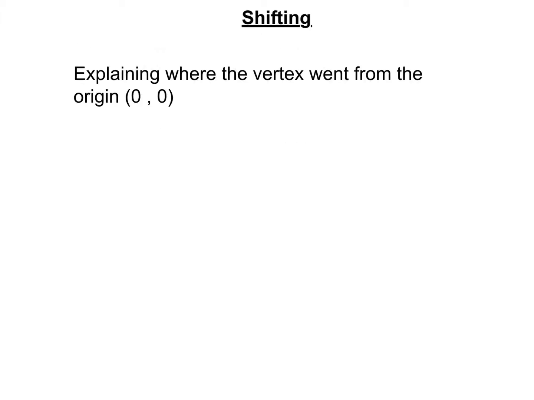So a shift basically tells us where the vertex went from the origin coordinate 0, 0. So that means, folks, that normal absolute value graphs start at 0, 0, and just like in football, when you have your X's and your O's, let me put in an offensive setup for those of us who know the game of football, and those of you who do not, that's okay, you're going to see what I'm talking about anyway.